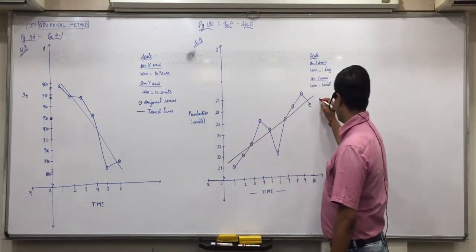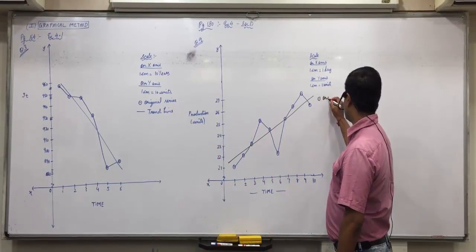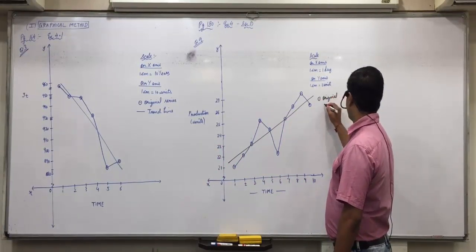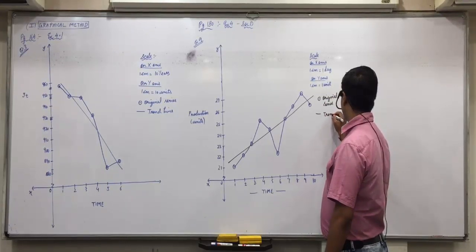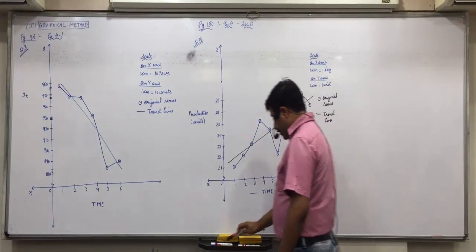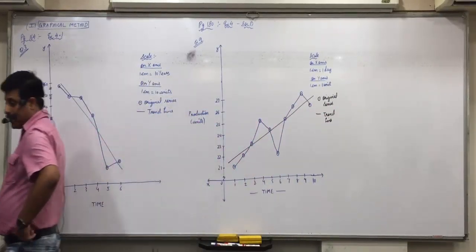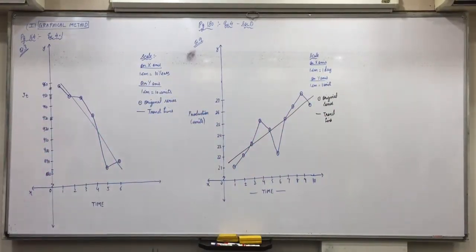And then you can show it here that this is the original series and this is the trend line. So all have understood this? Any doubts on it? Raise your hand, we're still doing up till here.